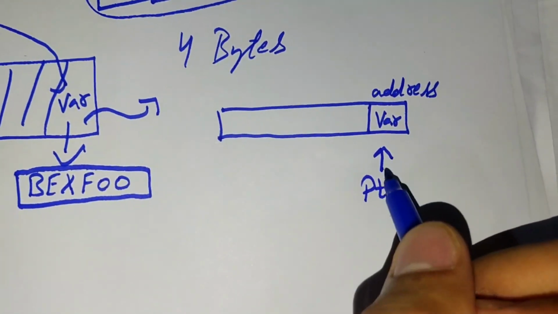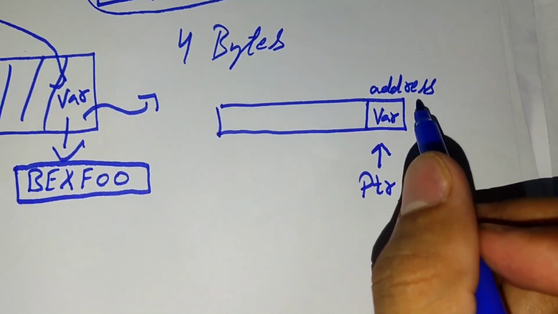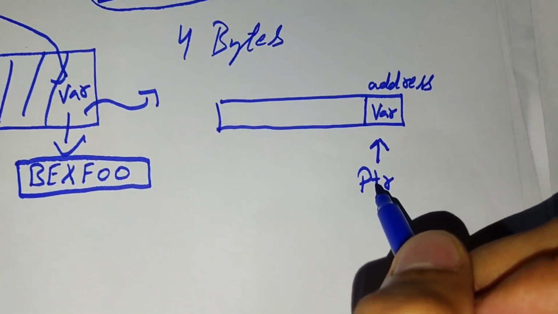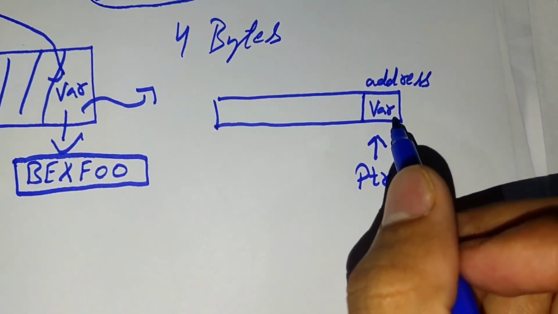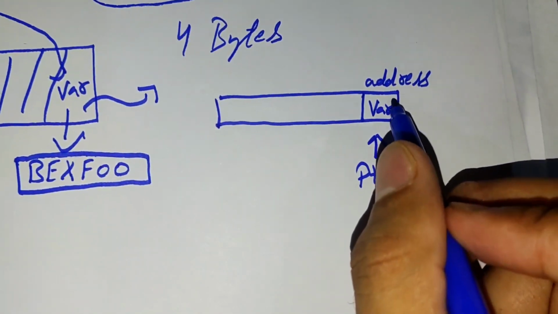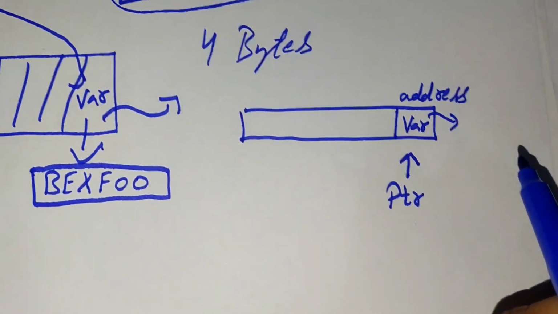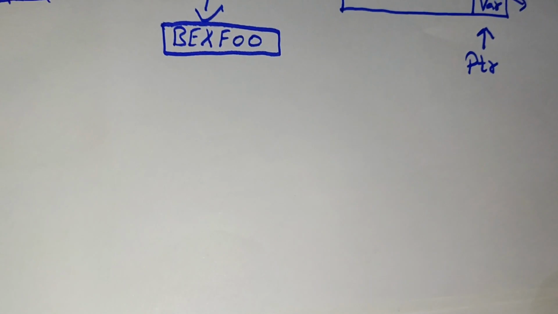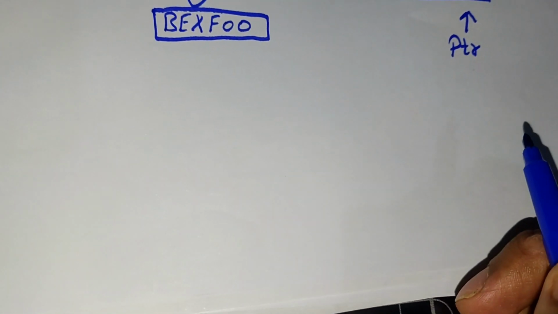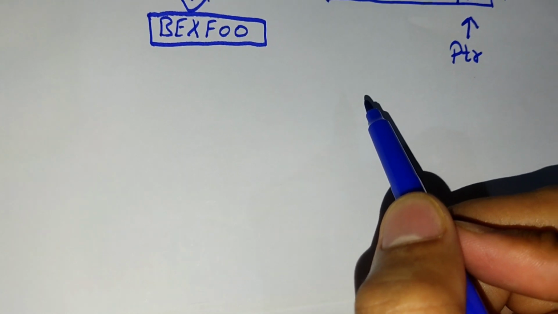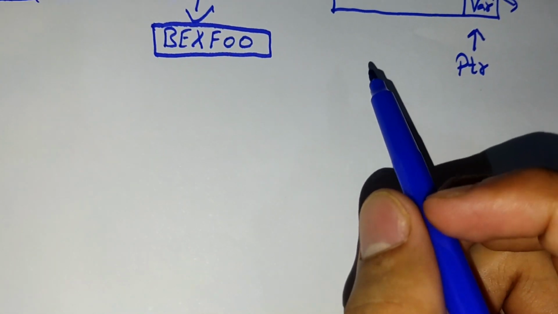Since it has access to the address of the location, if we alter the value through the pointer, wherever the variable is located, it will be changed. So the concept to understand is that each individual variable stored in memory has its address.